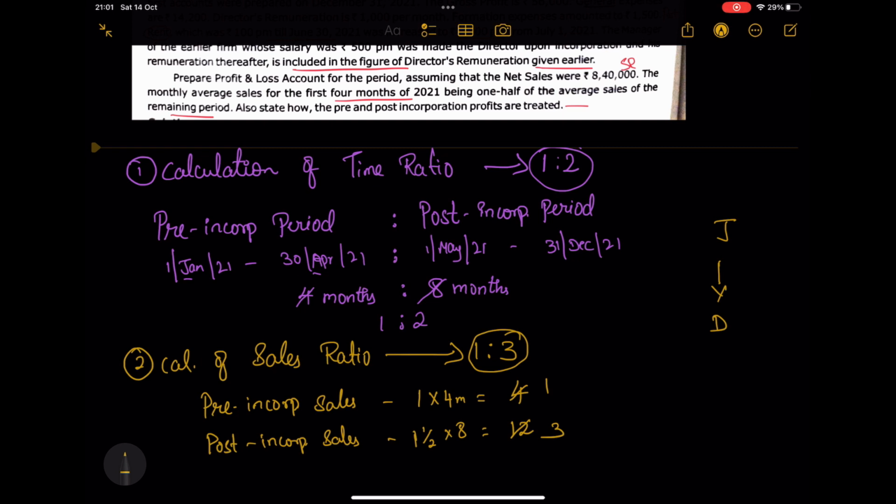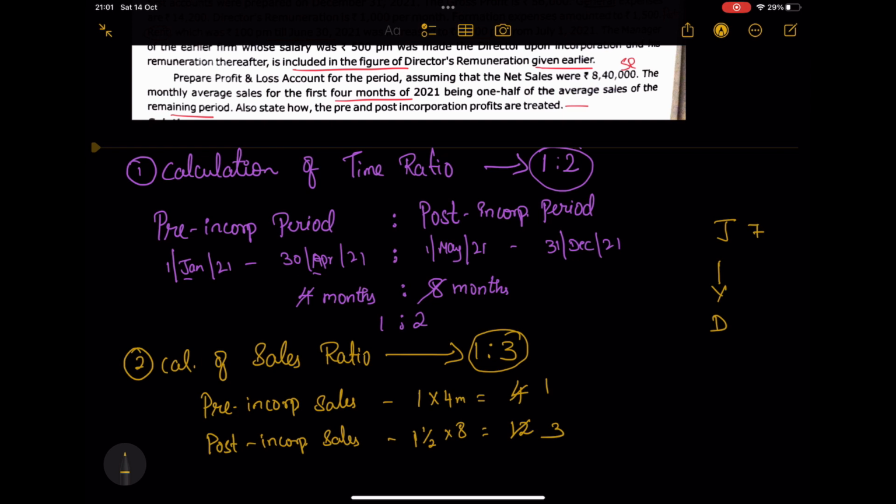So we have to calculate like Jan 70,000, Feb, March and April 70,000, and 1.5 means 70,000 into 1.5. Such a long procedure. Even if you do the same thing, in numbers reduced value will be 1:3 itself.